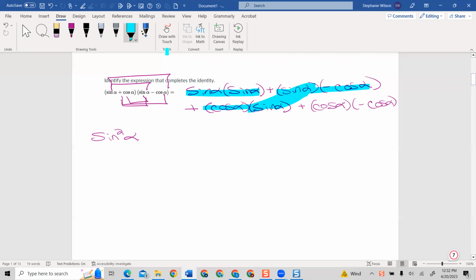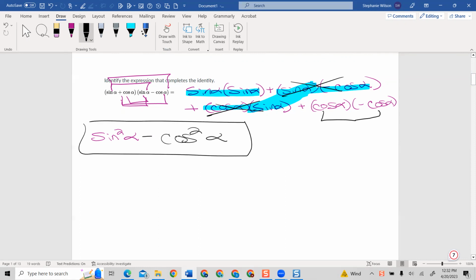These two actually go to 0; they cancel each other out. Now I have positive cosine times negative cosine, which gives me negative cosine squared alpha, and that completes the identity.